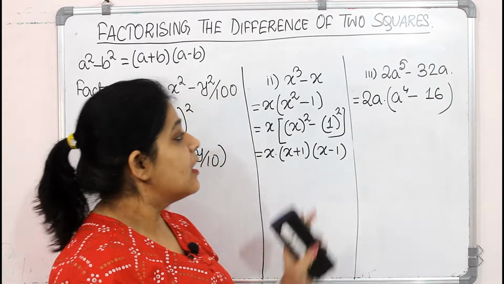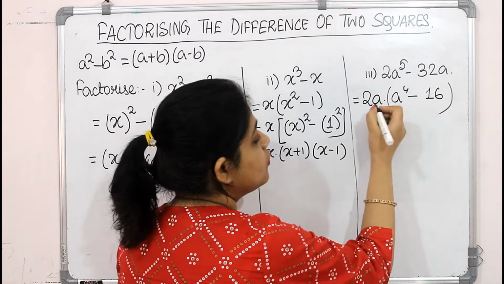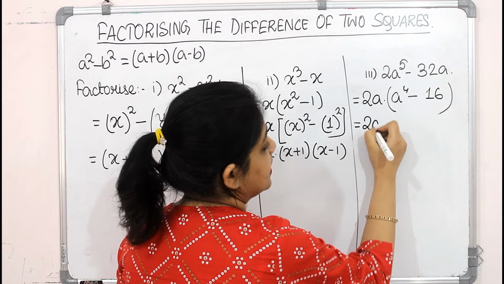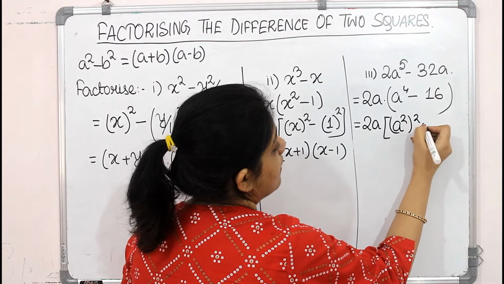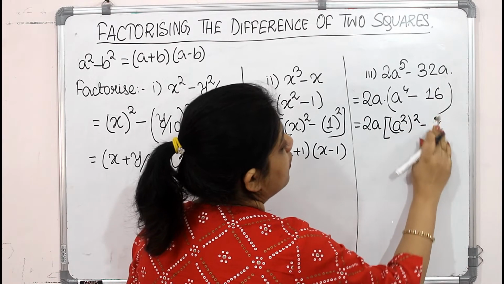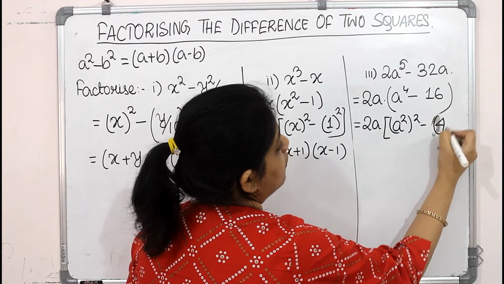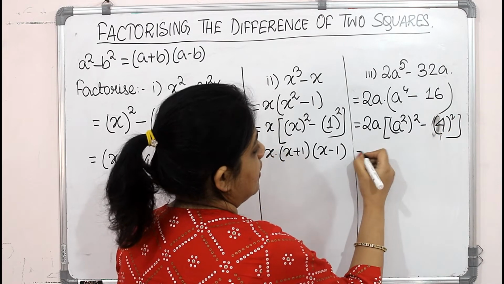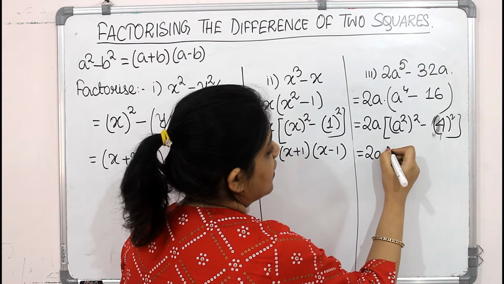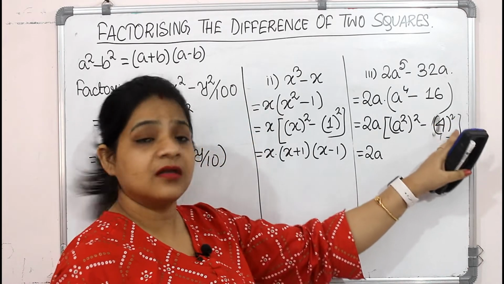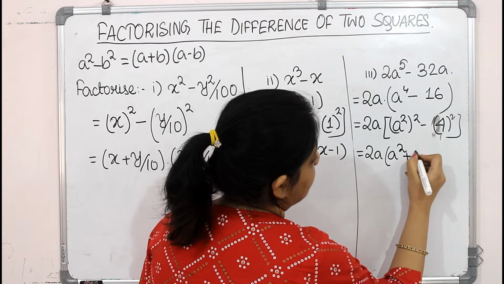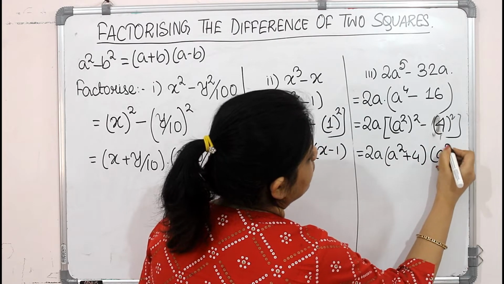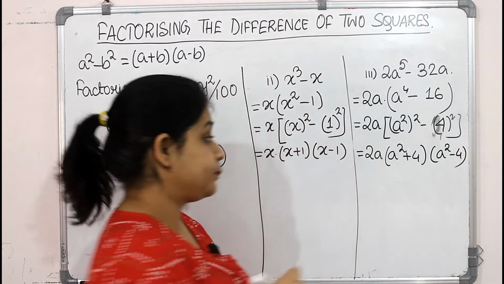Now we can say that a to the power of 4 minus 16 can be written as a square minus 4 square, that is a square minus b square. So we write it as (a square plus 4) into (a square minus 4).